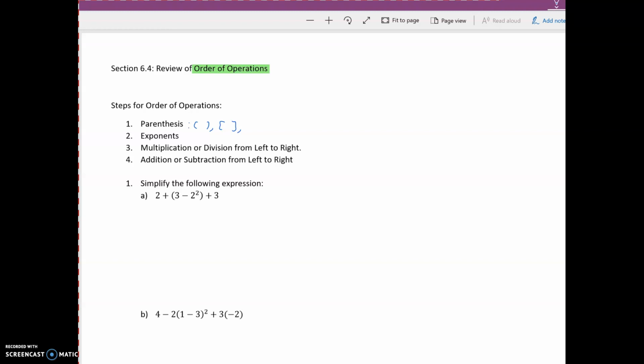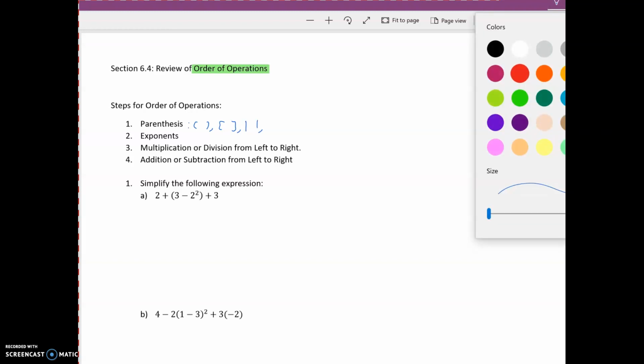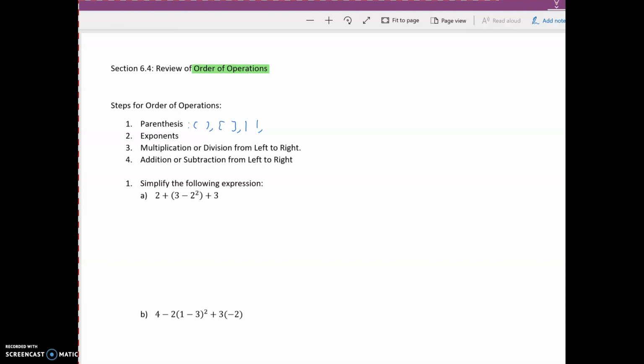So we're talking about vertical lines, and then also one that you might not have seen in this section: if the expression has multiple parentheses, they may throw in the squiggly brackets. For order of operations, the squiggly brackets are going to serve as another set of parentheses. That's something that we had defined as a set, but that was for the notation of sets.